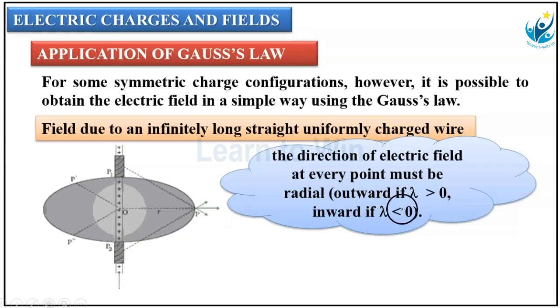If lambda is negative, which is less than 0, the meaning of this is the wire is negatively charged. Hence, electric field at a point is towards the negatively charged wire. So that we call radially inward.